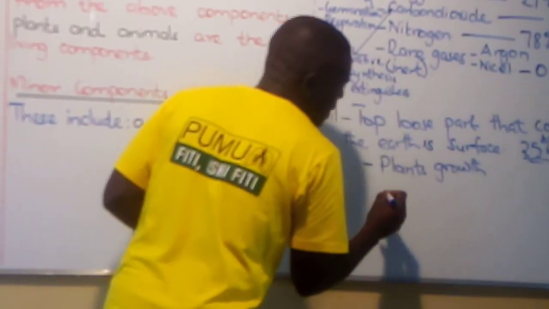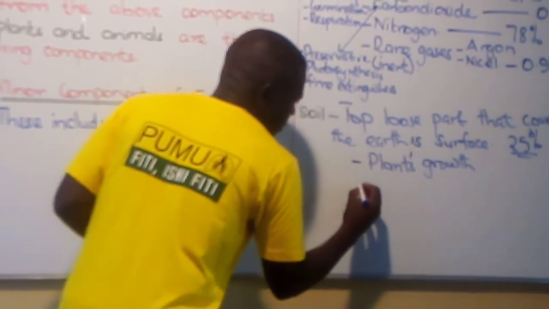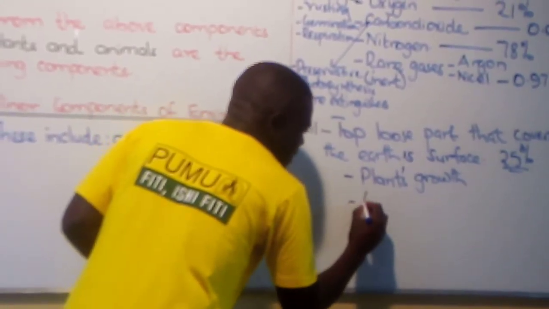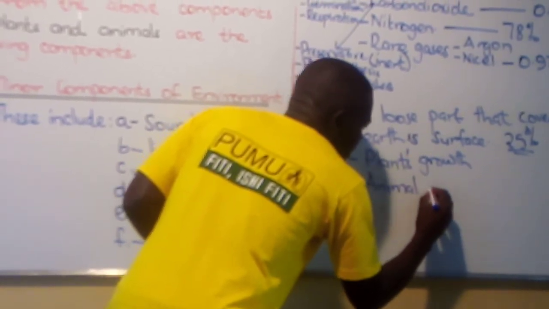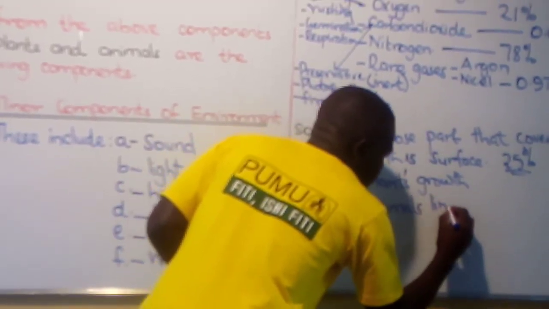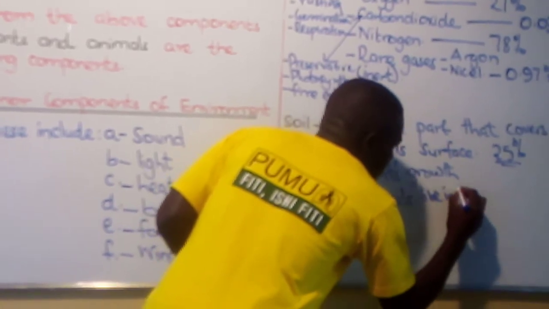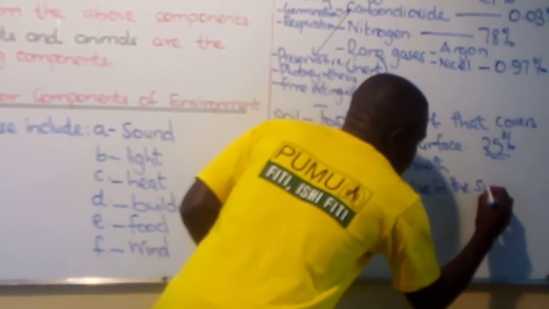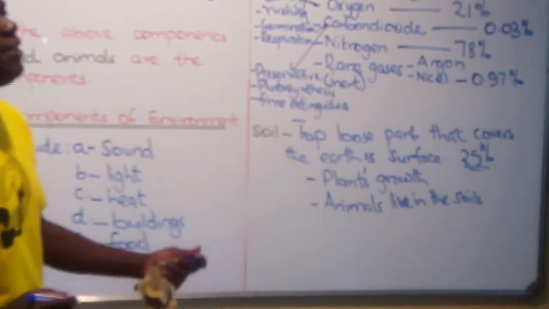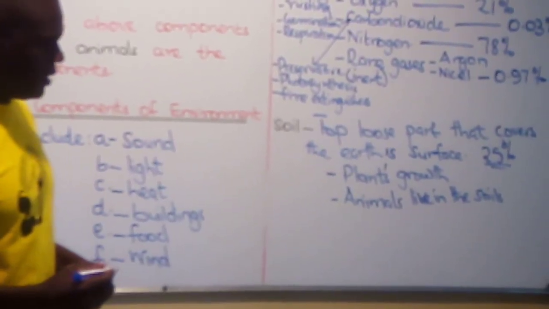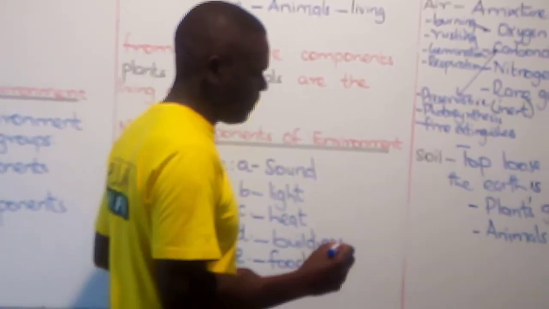Number two, some animals live in the soil. They are called burrowing animals. They live in the soil.